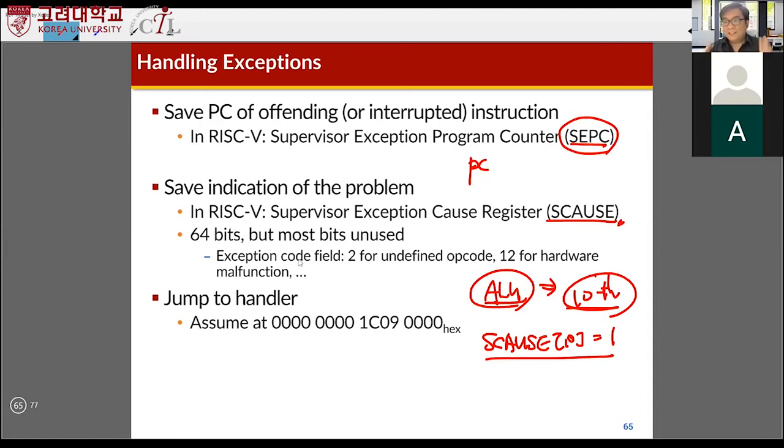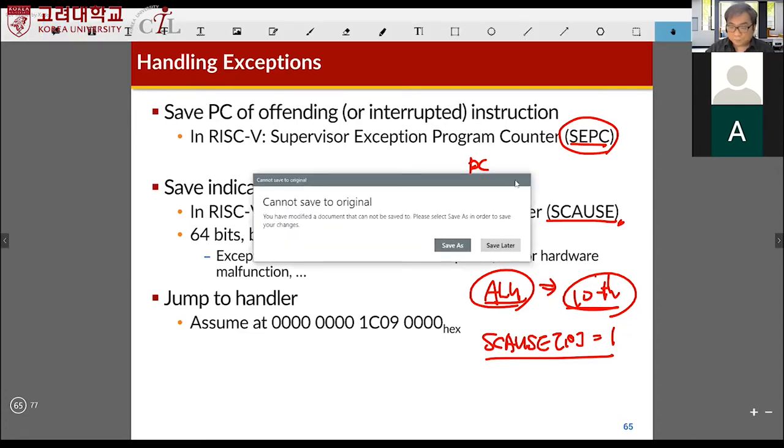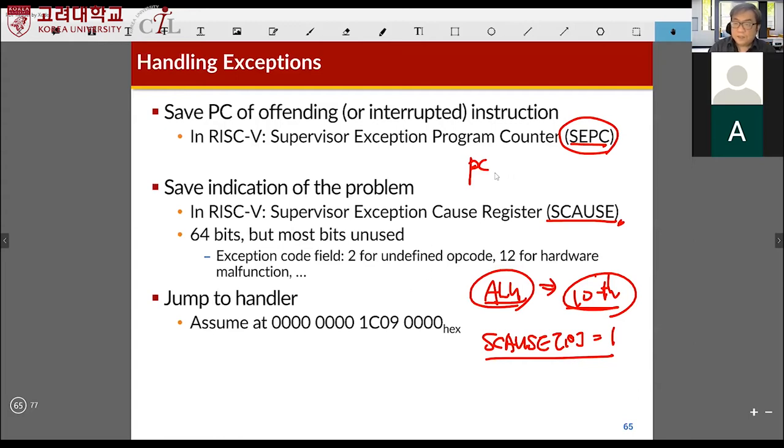And that is the same for the exception handling. So we need to store the current PC location in the CPU. Where is it stored? PC is stored in a specific register.